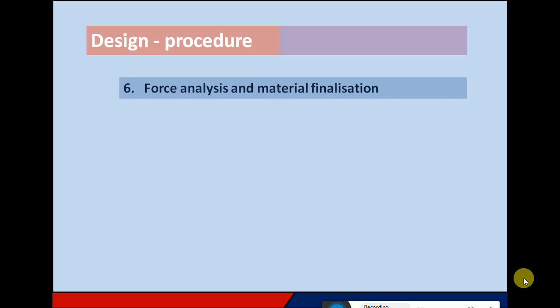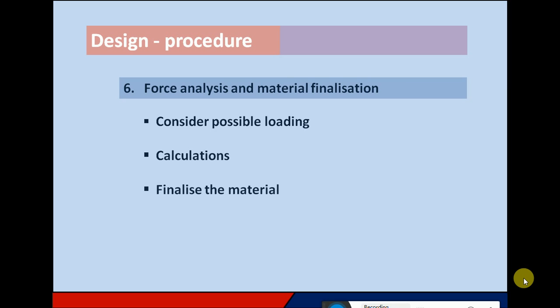Sixth, force analysis and material finalization. We should first consider or assume some loading, and according to those loads we should do the force analysis and further calculation, and from that the material should be finalized. Remember that we should check that the material is locally or easily available.